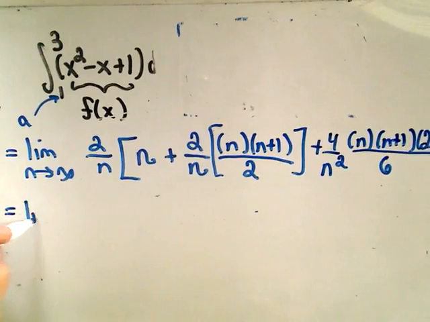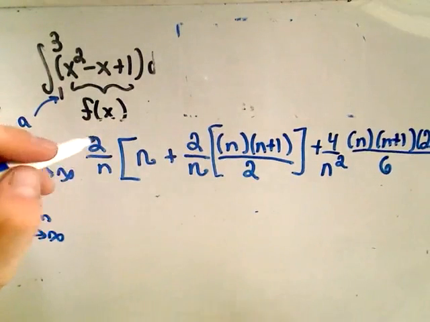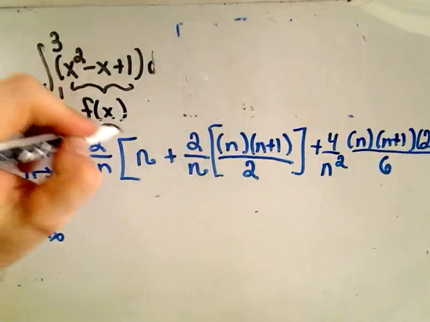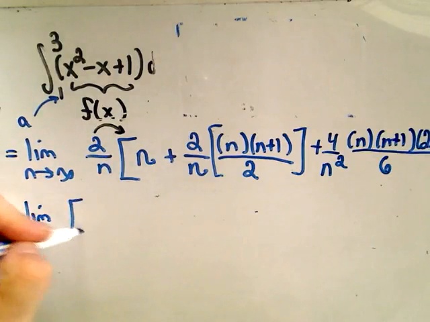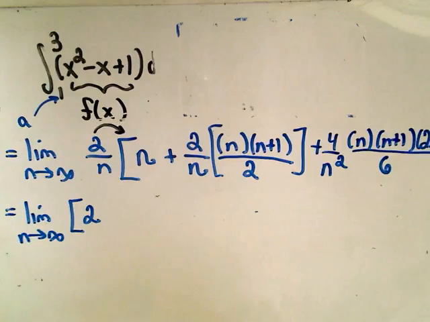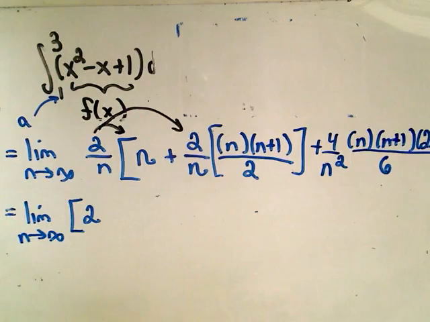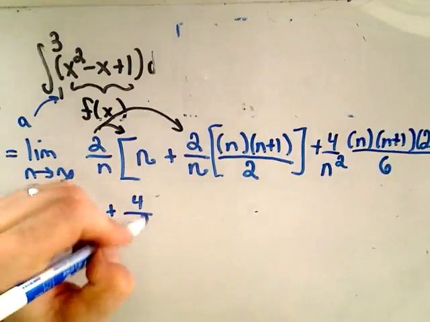Okay, so at this point, what I like to do is distribute my 2 over n back inside. If I take 2 over n times n, notice that the n's would simply cancel out, and I would be left with 2. If I multiply the 2 over n times 2 over n, that's going to give me 4 over n squared.